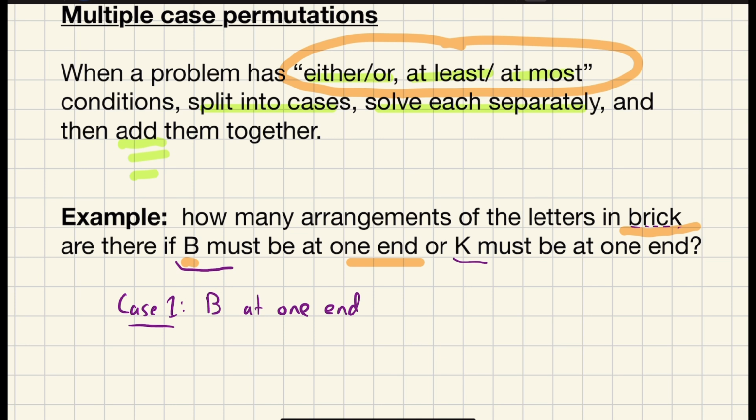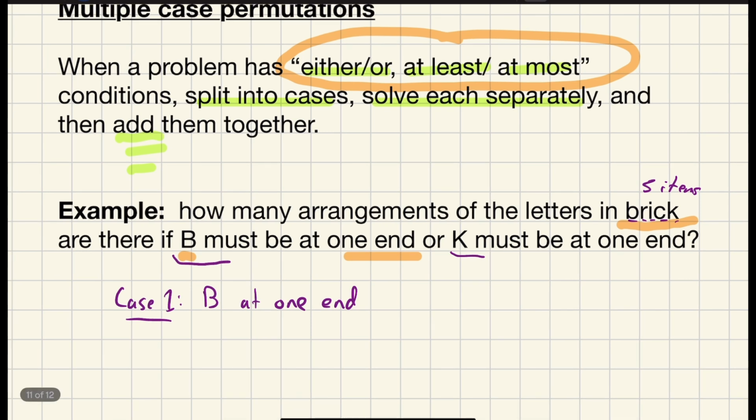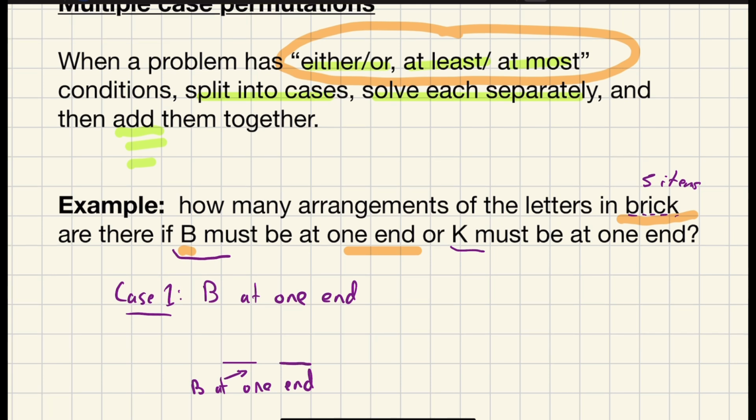Well, there are 5 items to arrange in the word brick, right? 5 letters. So if I put B at either of the ends as one group, one item in its entirety, and I'll put that first, so B at one end, then that leaves the other 4 letters to arrange.